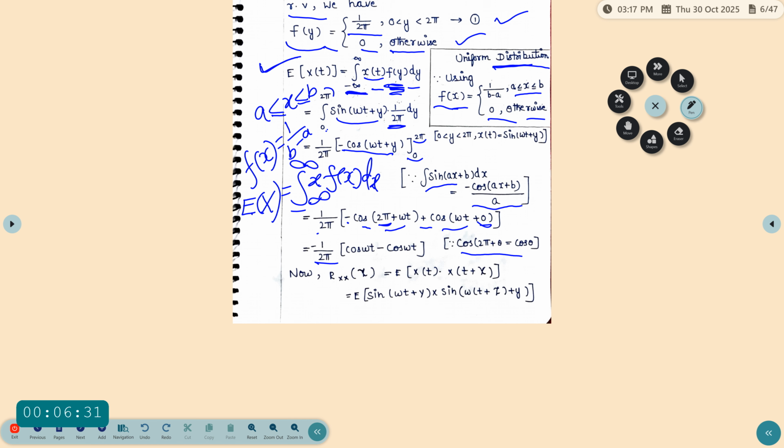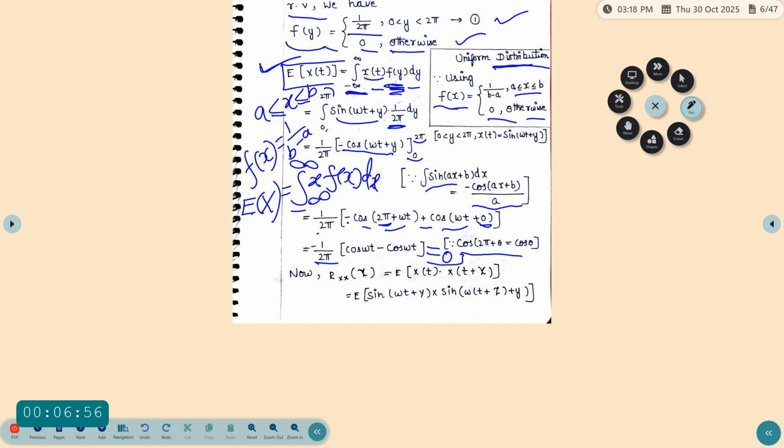So we get the expectation of x of t equal to 0, because cos omega t minus cos omega t is 0. So the expectation of x of t is 0. It is a constant. The expectation of x of t does not depend on t.